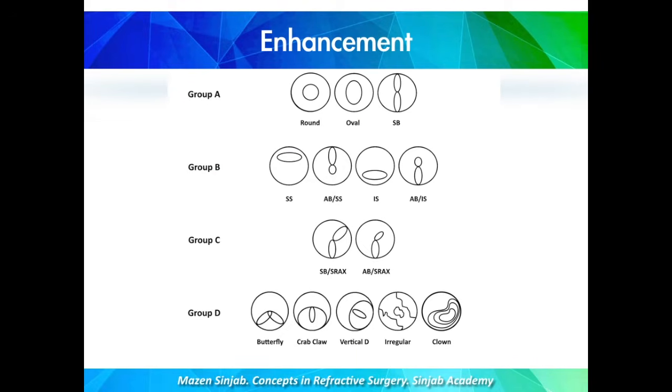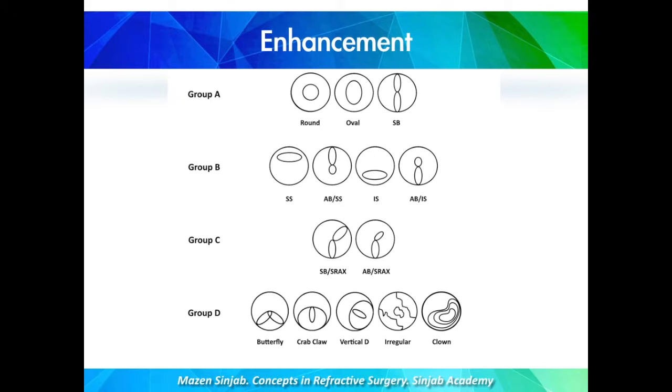I classified the patterns on the curvature map into 4 groups. Group A includes the round, oval, and symmetric bow tie patterns. Group B includes the superior steep, asymmetric bow tie superior steep, inferior steep, asymmetric bow tie inferior steep. While Group C includes the symmetric bow tie with skewed radial axis and asymmetric bow tie with skewed radial axis.